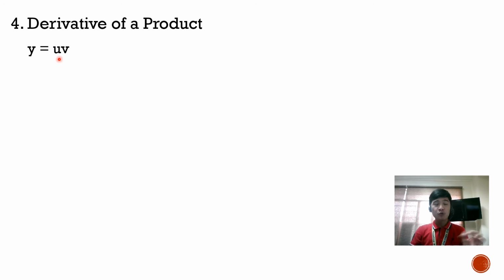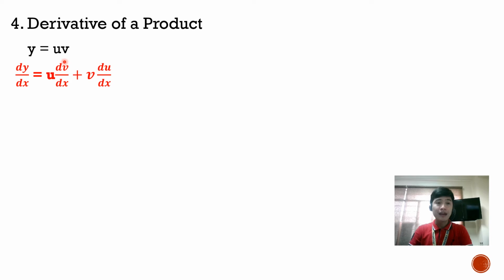So how do we derive this? How do we derive a product, a multiplication of two functions? In this case, the derivative of y in terms of x is equal to u, the first function, multiplied to the derivative of v in terms of x. Let me repeat: the first function multiplied to the derivative of v.